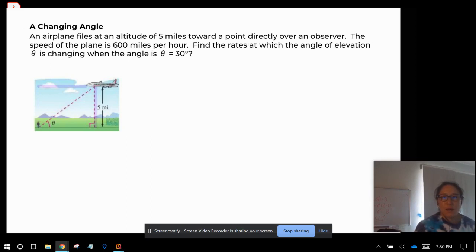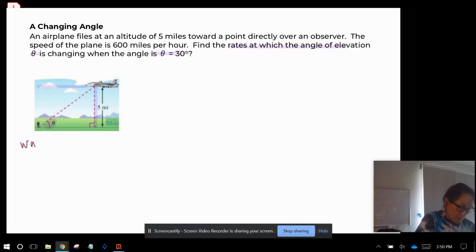We're going to find the rate at which the angle of elevation is changing when the angle is 30 degrees. The angle of elevation is this theta right here. Okay, angle of elevation, theta. All right, so we're finding the rate of theta when theta is equal to 30 degrees.